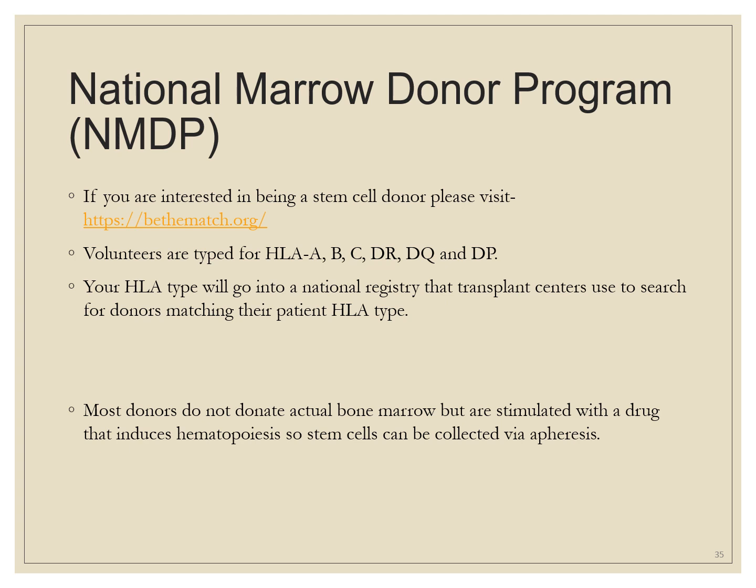You do not have to donate actual bone marrow anymore. They can give you a drug that will induce stem cells to be released into the peripheral blood. So you can sit in a machine and get those cells by apheresis, just like donating platelets, and you can save a life. If you're interested, you can check out this website, sign up, and they'll send you a little kit in the mail.